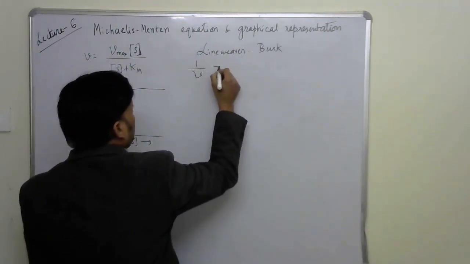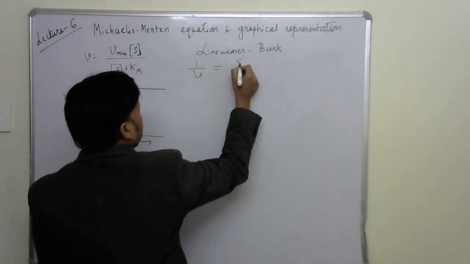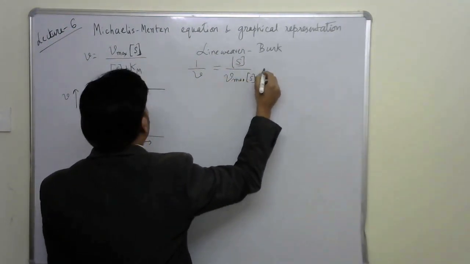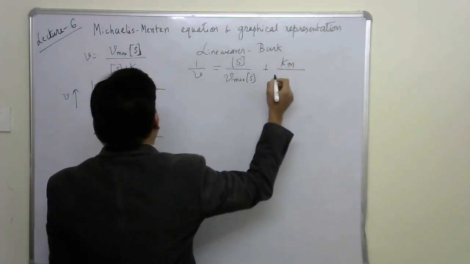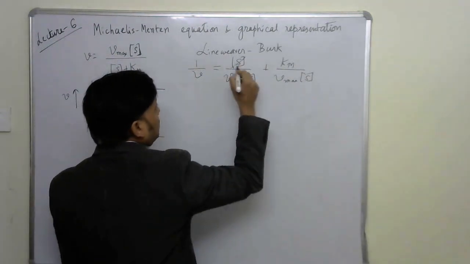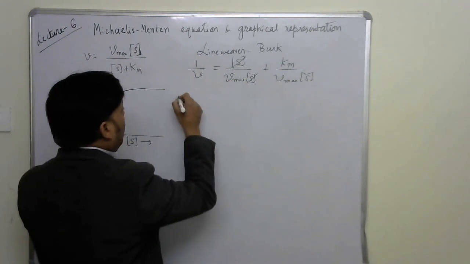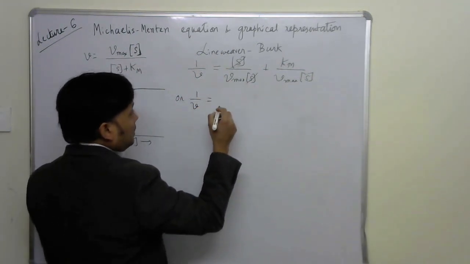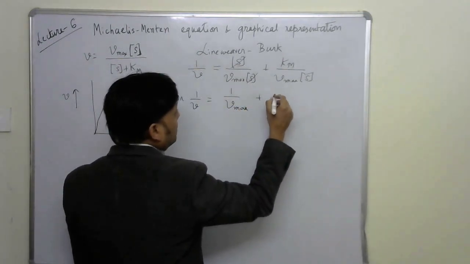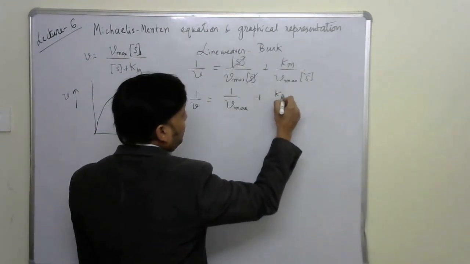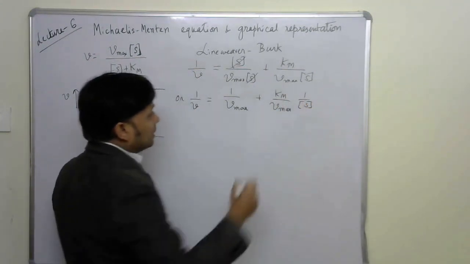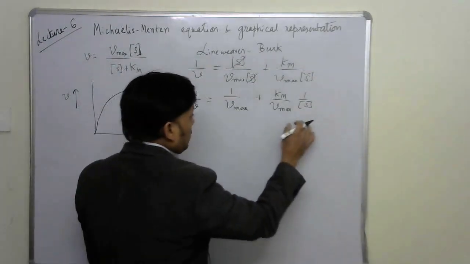So 1 over V is equal to, if we take the reciprocal, S plus Km divided by Vmax multiplied by S. Here also S at the top and S at the bottom cancel out, and we get 1 over V is equal to 1 over Vmax plus, once again, Km divided by Vmax multiplied by 1 over S. And you see that this equation is in the form of a straight line.